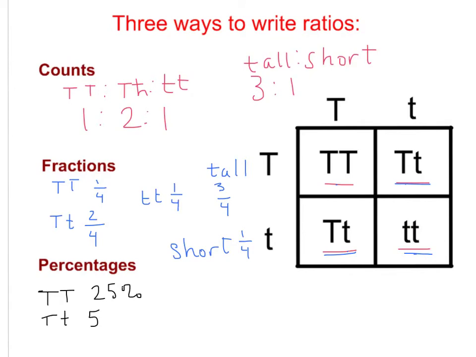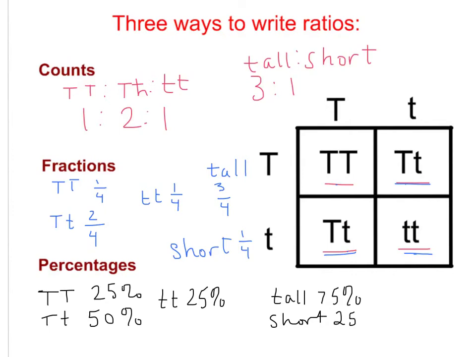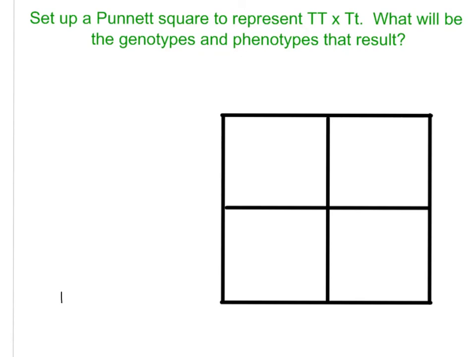Heterozygous is 50%. And homozygous recessive is 25%. And you get your tall at 75% for the phenotype, and the short would be 25% for the phenotype. So any of those ways are perfectly acceptable. If you like counting, if you like fractions, if you like percentages, those are all acceptable ways to write the ratios for the interpretation of the Punnett squares.